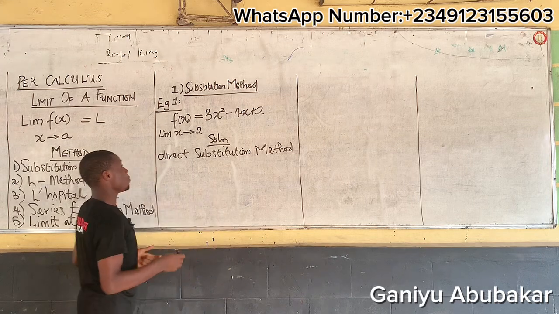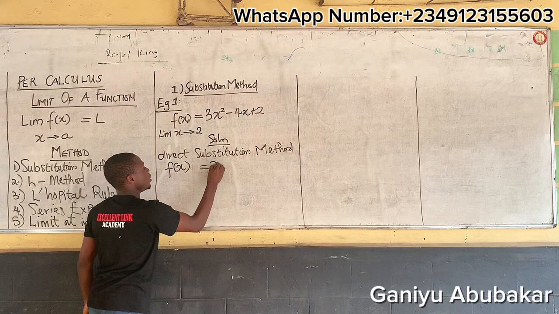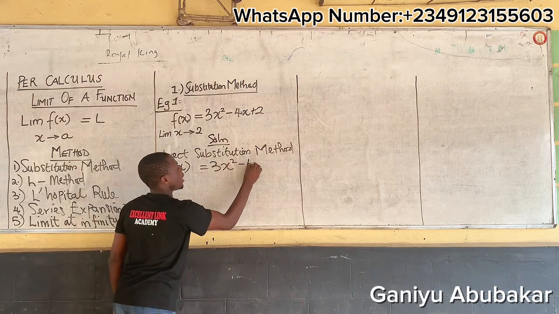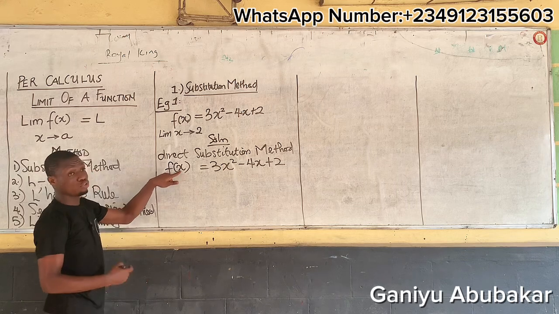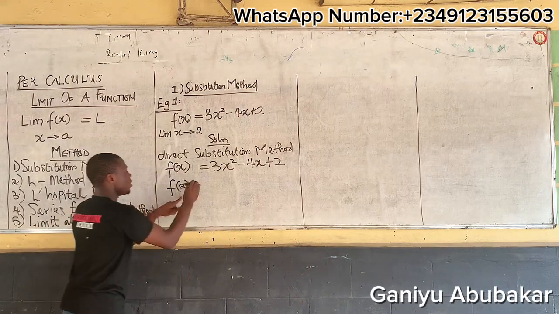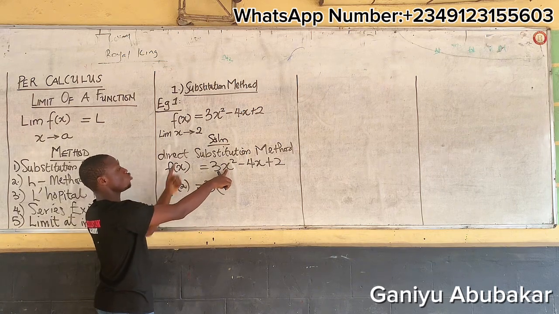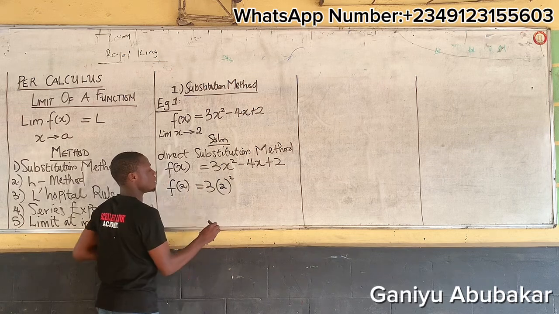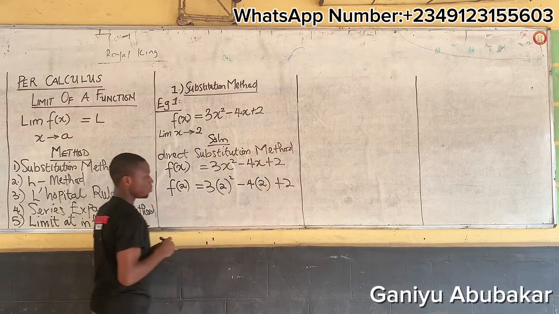We said just put your value of x as 2 into the given function. So the function of x, which is equal to 3x squared minus 4x plus 2, anywhere you see x here, put 2. So when x is 2, this is now equal to 3 into 2 squared minus 4 into 2 plus 2.